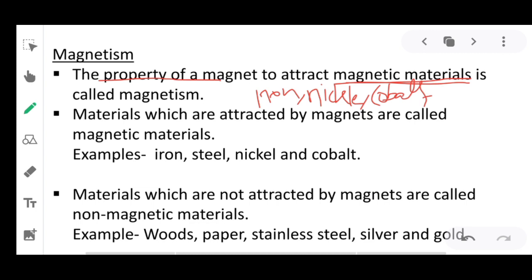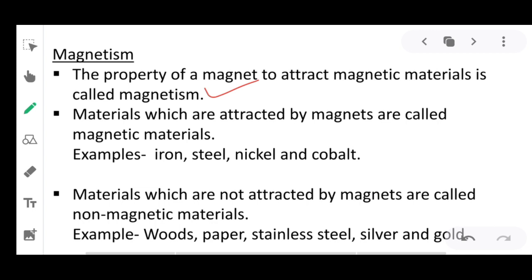The objects which are made up of iron, nickel, cobalt and steel are called magnetic materials. So when the magnet attracts magnetic materials, that is because of the property of the magnets, and that property is known as magnetism.